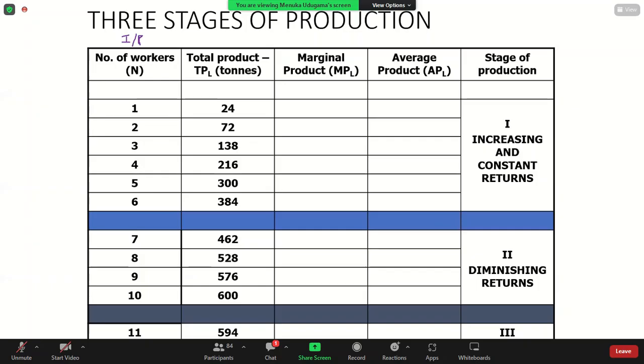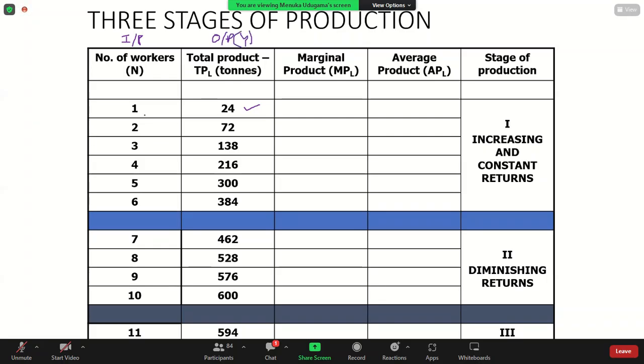So you are adding, or let's say employing, a worker each time. Let's say you start this business with 1 employee, and with that employee you get 24 tons of output, paddy or wheat or whatever the crop. This is the total output, total yield, harvest, whatever.